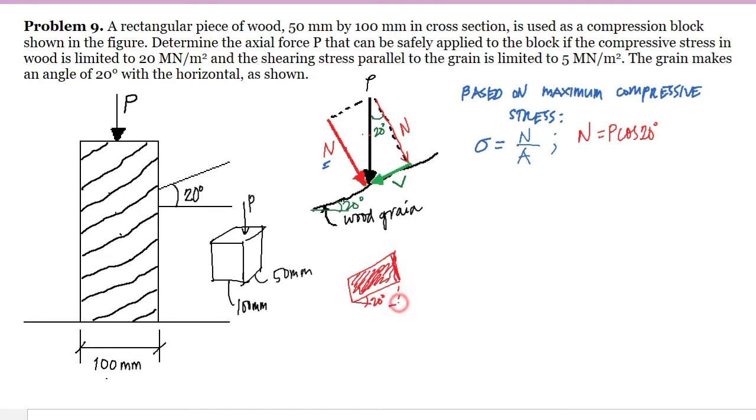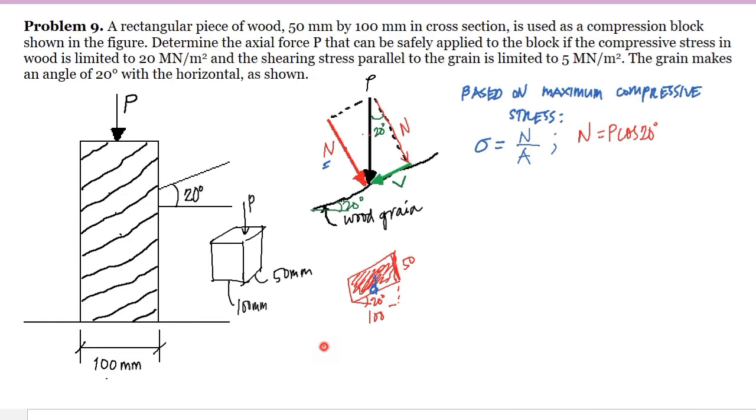So magkakaroon tayo ng yung width, which is 100, and this is 50. So if this is 100, aalamin natin itong value ng diagonal.